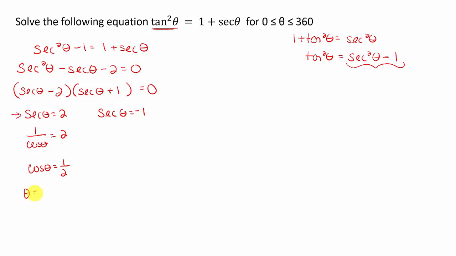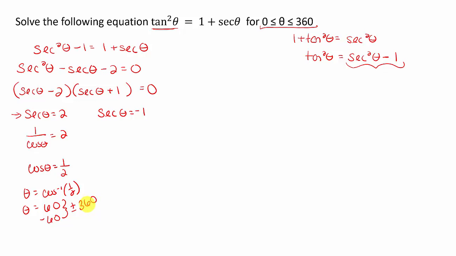I get theta equals cosine inverse of 1/2. Now we need to check, this is 0 to 360, so we're still in degree mode. So I'm going to get theta is equal to 60. And then I have to follow cosine rules now. Cosine rules say I can take this value, I can take the opposite of it, which is negative 60, and I can add or subtract 360 to both.